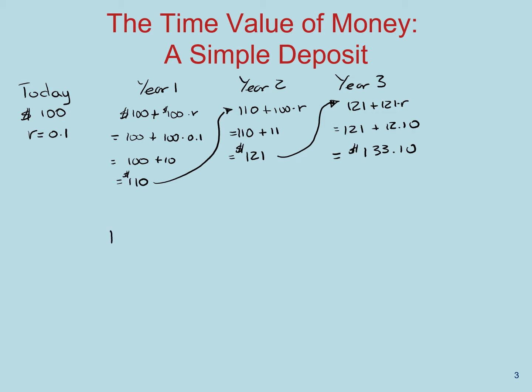In the first year, we started with the initial value, let's call that the present value, and we're summing that present value to the present value times your earnings. So this is your initial balance, and this is your earnings.